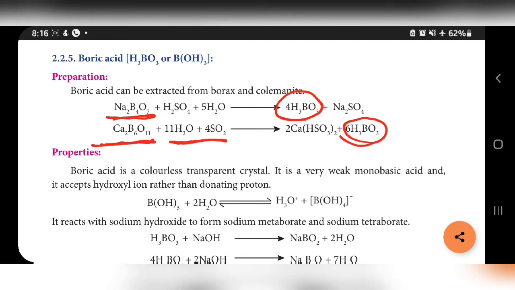Next one, properties. Boric acid is a colorless transparent crystal. It is a very weak monobasic acid and it accepts hydroxyl ion rather than donating proton.